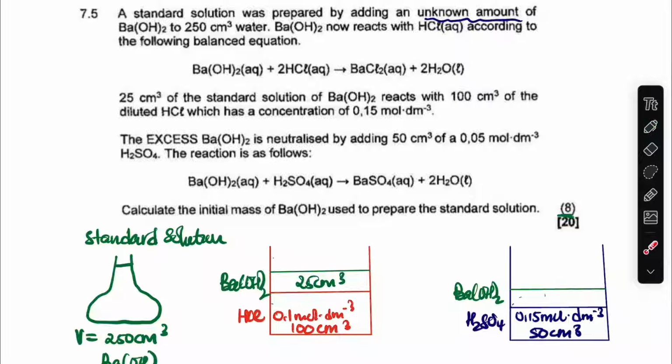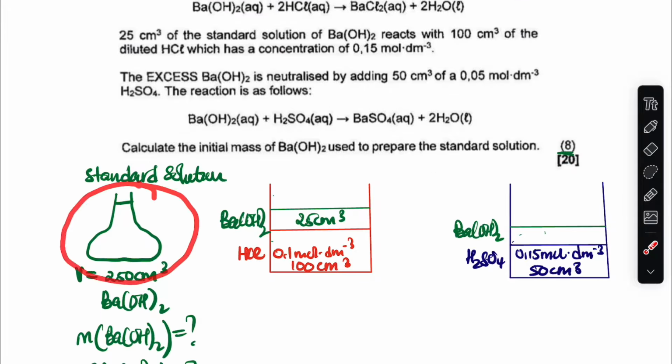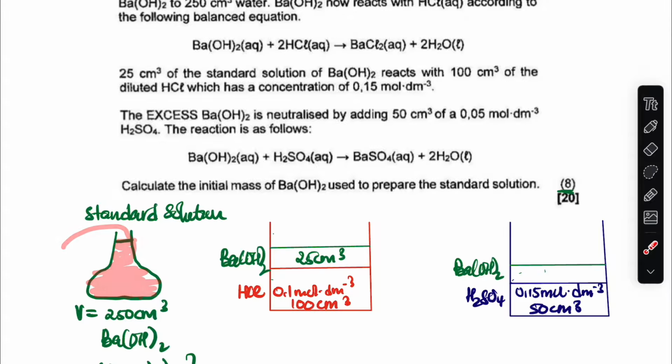Now it says here, a standard solution was prepared by adding an unknown amount of barium hydroxide to a 250. So here's the standard solution, guys. Here there's a barium hydroxide. Barium hydroxide is a strong base, and then it was diluted with water here, and then it fills this conical flask to the brim with water to 250.